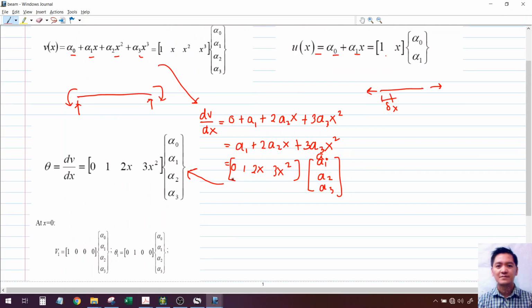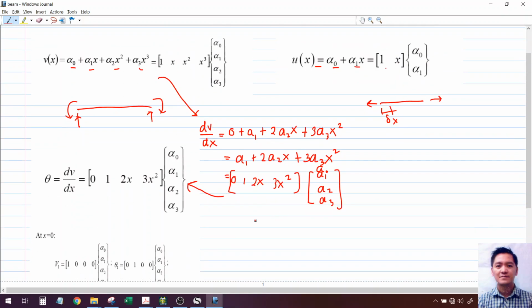So back to our original equation, v of x equals alpha naught plus alpha 1x plus alpha 2x squared plus alpha 3x cubed.